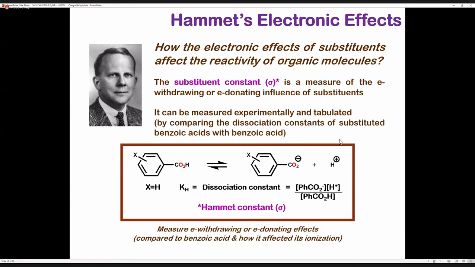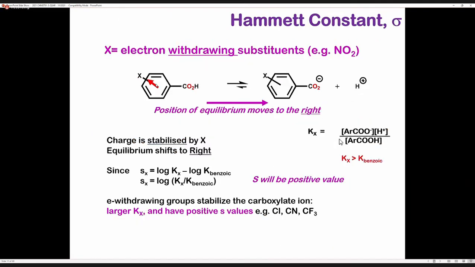Tak perlulah kita satu-satu kita nak replace yang kita kira, sebab kita guna komputer, so it should be significantly faster. So it will measure the electron withdrawing or electron donating effects compared to benzoic acid, right? Inilah benzoic acid ni. Kalau benzoic acid macam dia kira sebagai nombor satu lah, and how it affect its ionization lah.